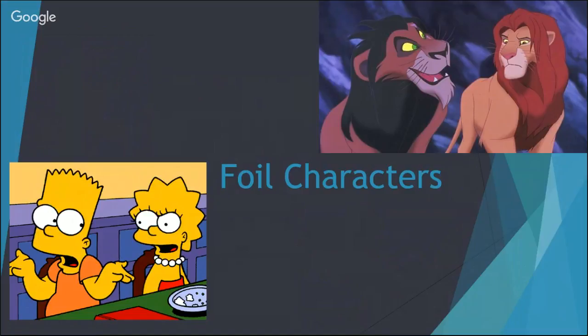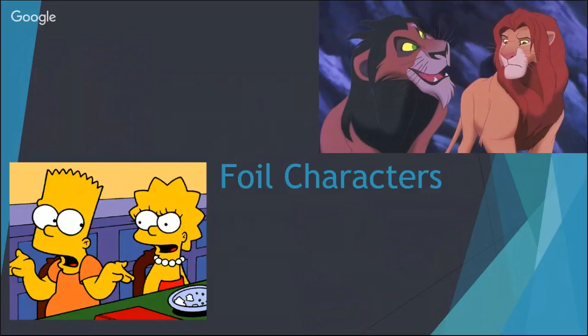So a couple of movie examples are on your screen, like The Lion King with Mufasa and Scar. We have a sort of a noble lion, and we have a deceitful and mischievous lion. And by noting that they're so different in personality, it makes Scar seem more deceitful, and Mufasa seem more, I guess, noble or more the good guy.